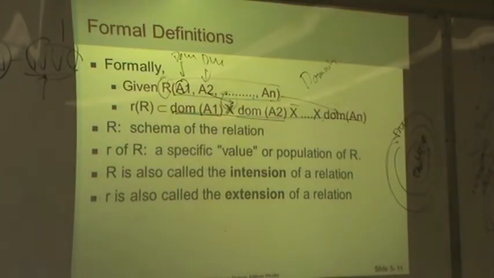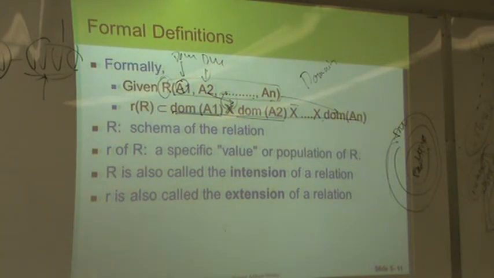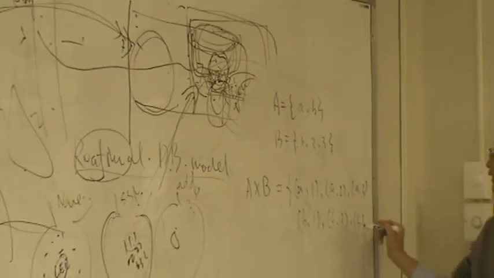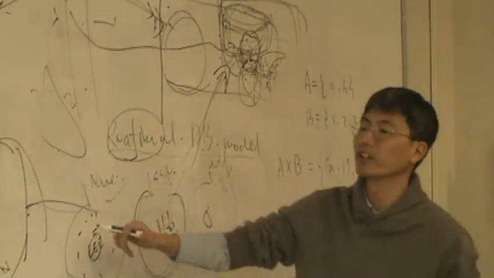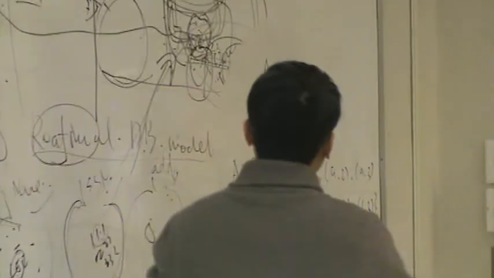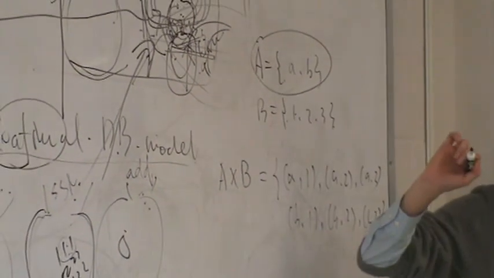What is a product of A and B? You learned this, right? This is all combinations of this, B1, B2, B3. Same thing. Okay? So A is what?